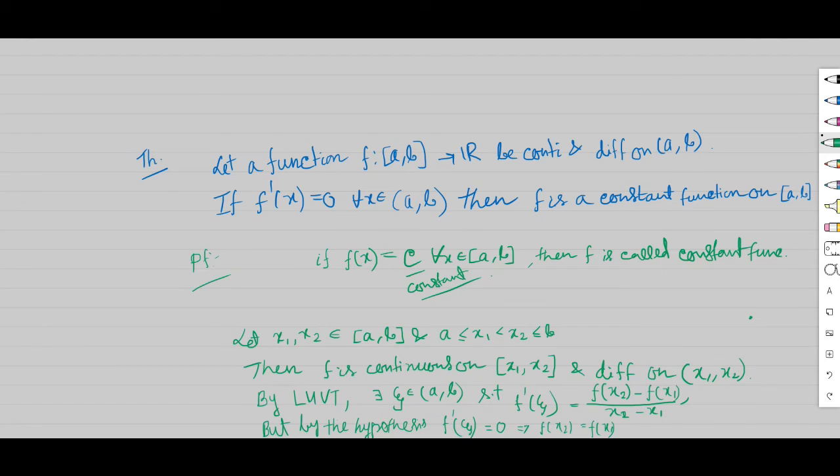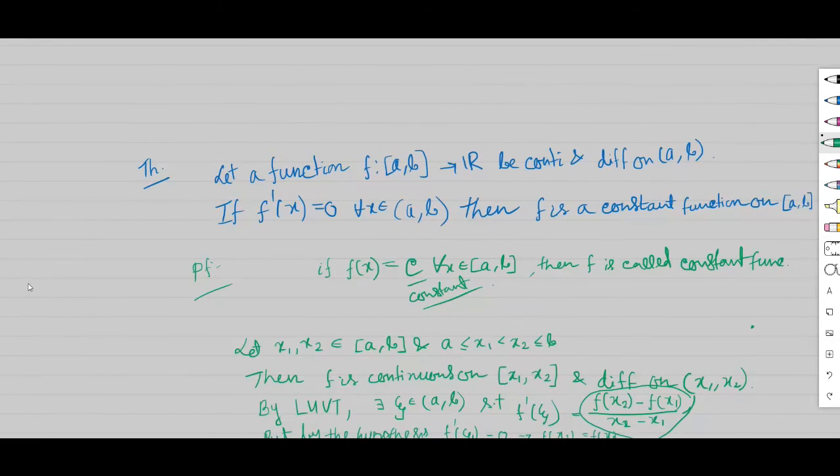That means if a fraction is equal to 0, the numerator is 0. If this fraction is 0, that means f(x2) minus f(x1) is equal to 0, so f(x2) equals f(x1).